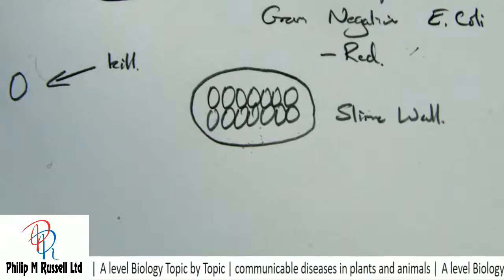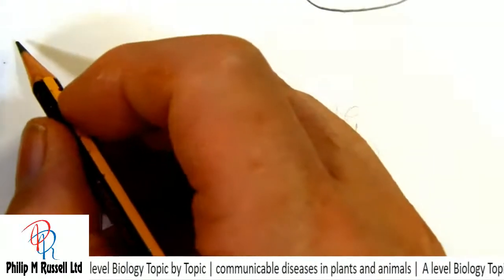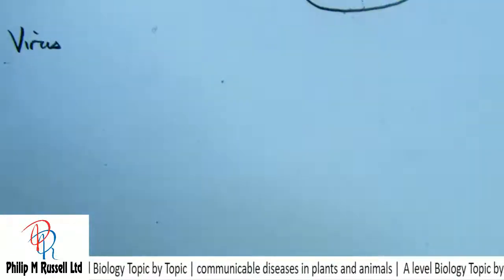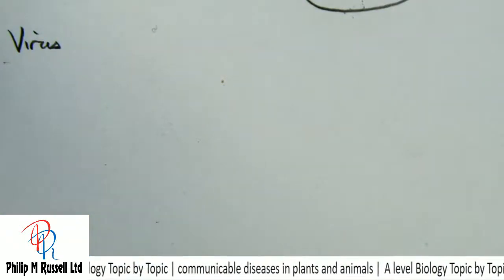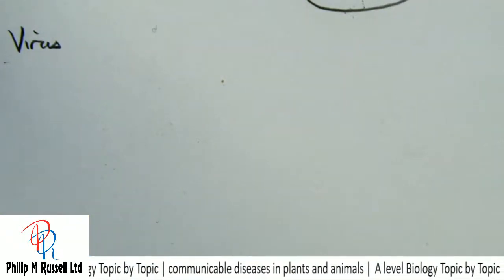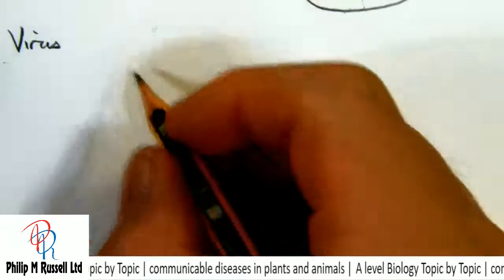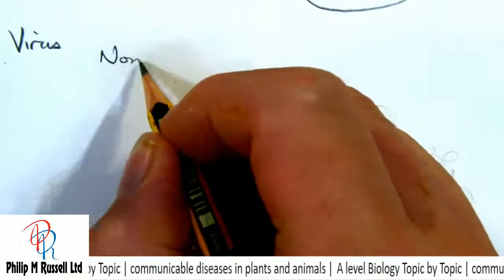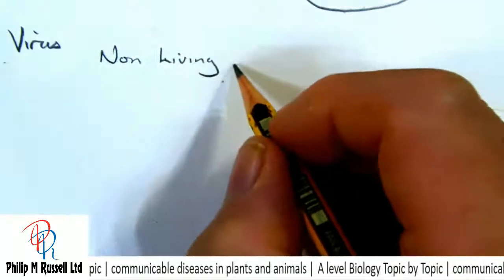So viruses are our next stop along the way, and people are starting to learn more about viruses. They're very much in the news at the moment. These are simply a real problem because they are non-living infectious agents.